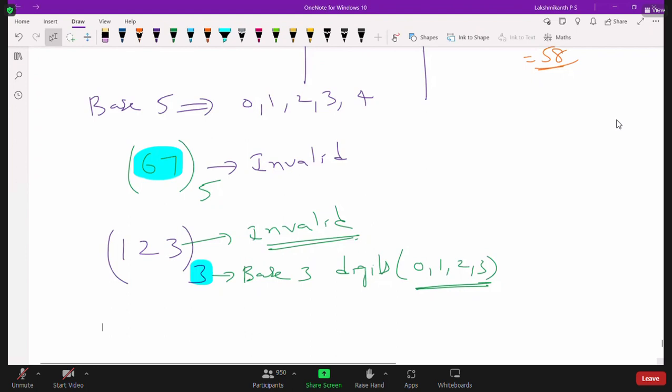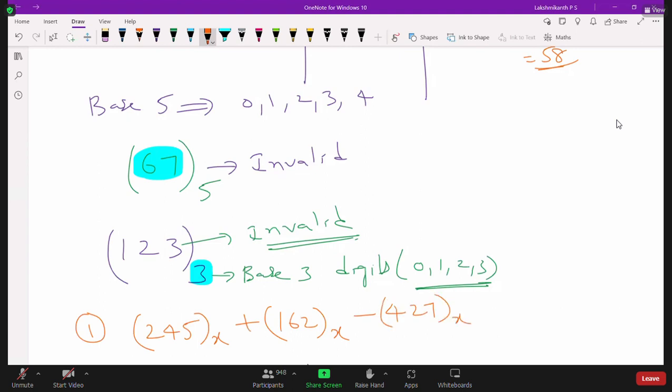Okay, now see, one question I'll write: 245 base x plus 162 base x minus 427 base x is equal to 0 in some base x.